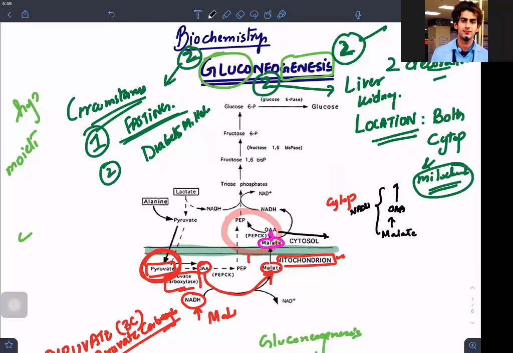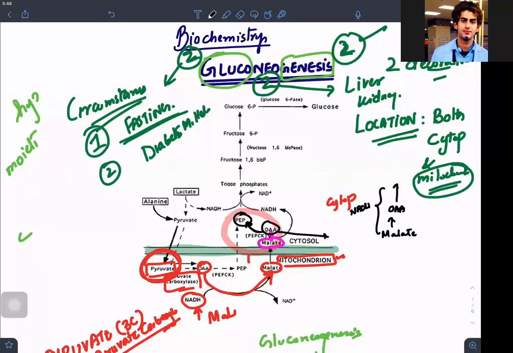The second concept to remember is that you are in the cytoplasm, so that is not a problem. You have come in as oxaloacetate. If you want to convert this oxaloacetate into PEP, you need an enzyme, and that is called PEPCK.